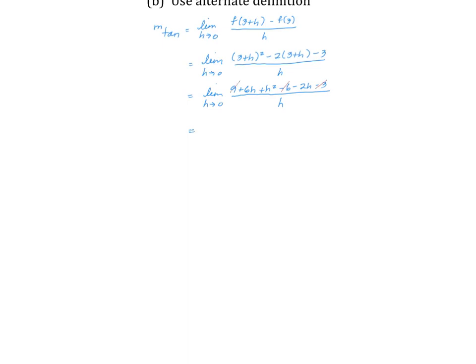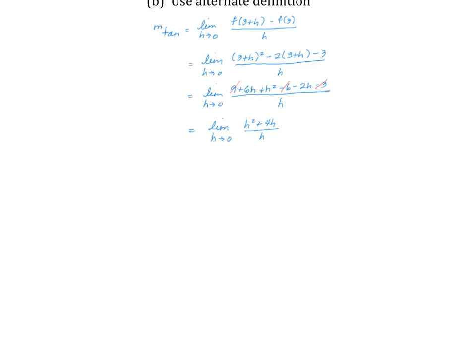9 minus 6 minus 3 is gone. And typically when we're using this form of the definition, mostly everything should cancel except for the terms that have h in them. So I have the limit as h goes to 0 of 6h minus 2h, which is 4h. I'm going to write the h squared first. So I get h squared plus 4h over h. You notice that all my terms have h in them.